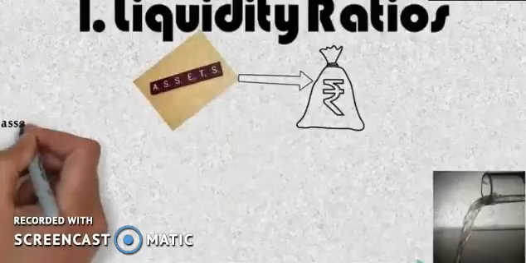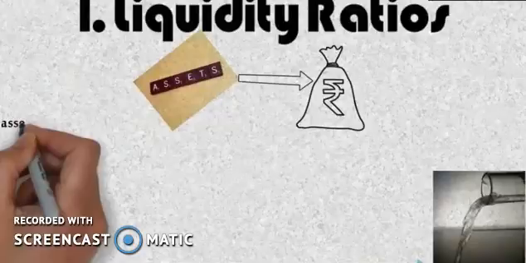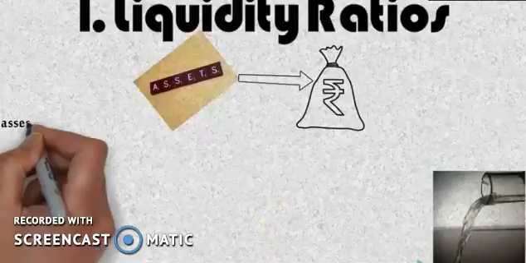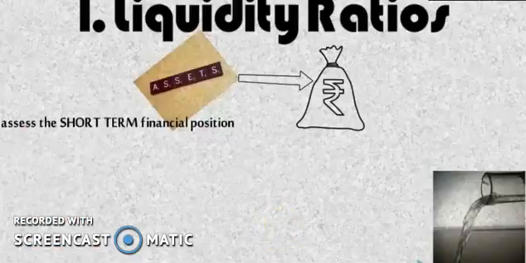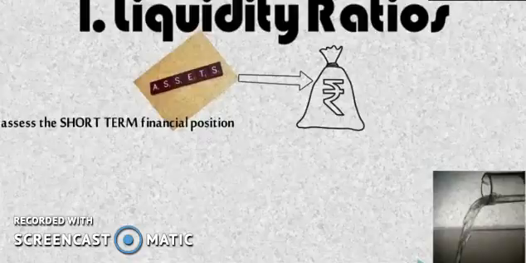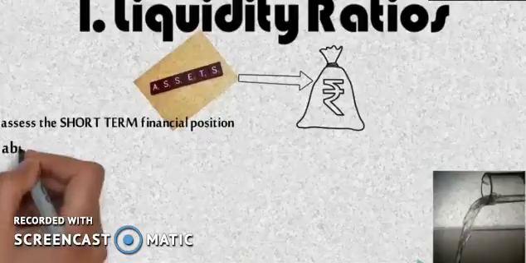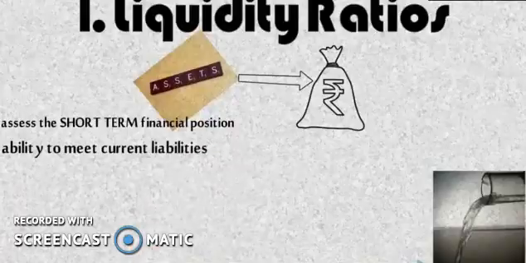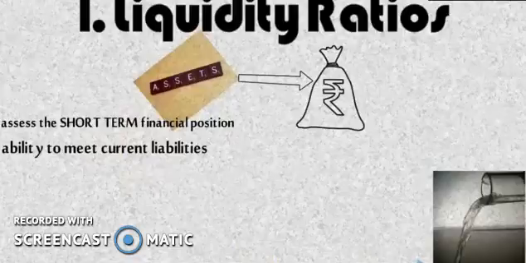So the liquidity ratio tells us how easily an asset can be converted into cash with no loss, that is, within a short period of time. It tells us about the short term financial position, that is, the company's ability to meet short term liabilities, the current liabilities of the company.